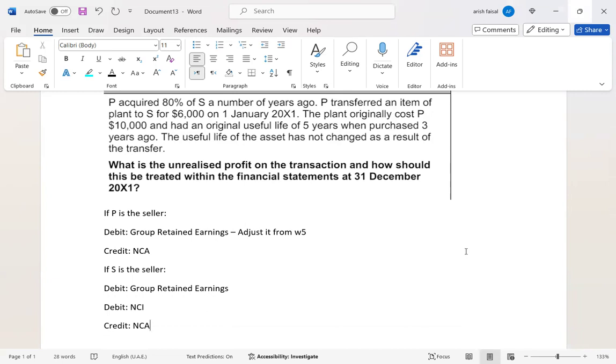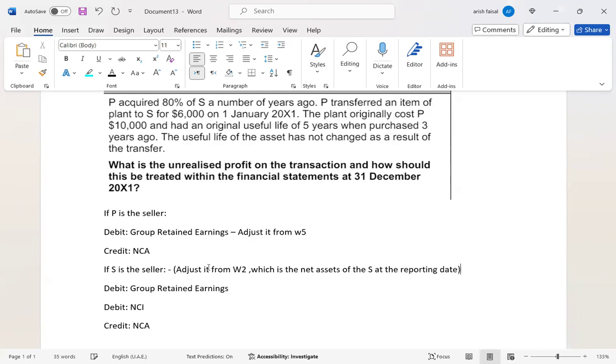If the parent is the seller, it will only be from the group retained earnings, which is working number 5. But if the subsidiary is the seller, you have to adjust it from working 2, which is the net assets of the subsidiary at the reporting date.